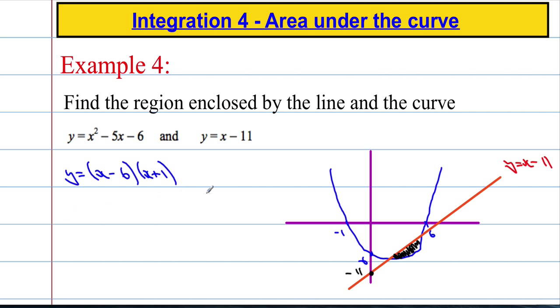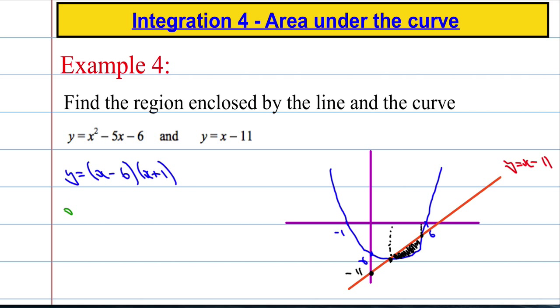Now, the first stage in calculating that area is working out where the curve and the line meet. So I want to know what these values are here. If I calculate where the curve and the line meet, these points of intersection, it'll allow me to work out the area trapped beneath the curve and the axis. So what we need to do is set the two functions equal to each other.